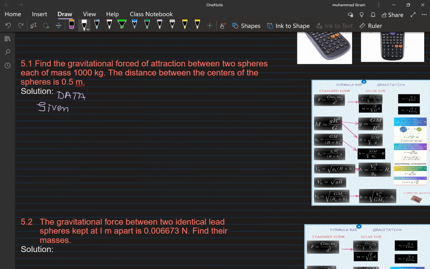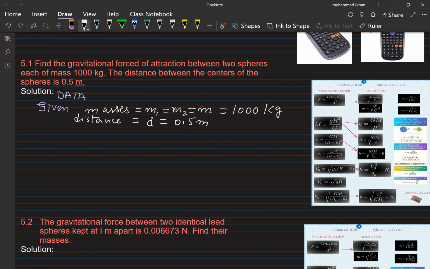Now these are the visible physical quantities known to us. Some physical quantities or physical constants are not given directly here. You see, the value of the gravitational constant is not given, so I will write it myself. Gravitational constant G is 6.67 into 10 raised to the power minus 11 newton meter square per kg square.